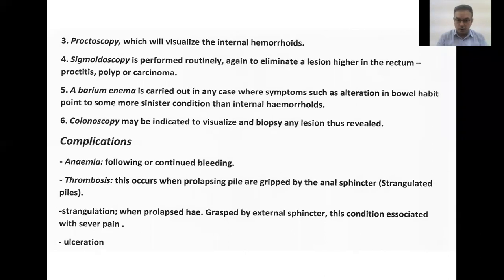So with old age, more than 50 years, and bleeding per rectum, whether or not you palpate a mass on PR examination, you have to do proctoscopy, then sigmoidoscopy, and may end with colonoscopy, because hemorrhoids may be a manifestation of carcinoma.